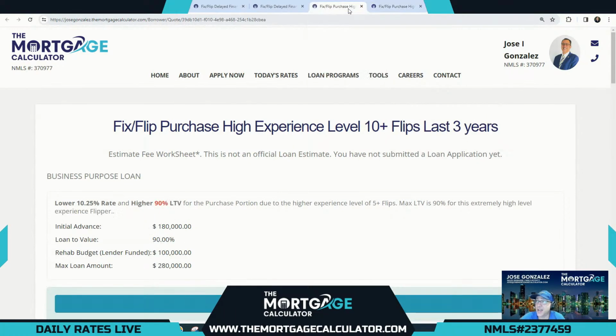So now, my last purchase example here is we have 10+ flips in the last 3 years. Now, this is a best case scenario. Rate remains the same. 10.25 is our base rate with this conduit. That's the lowest we're going to get. However, we get 90% LTV on the initial distribution.